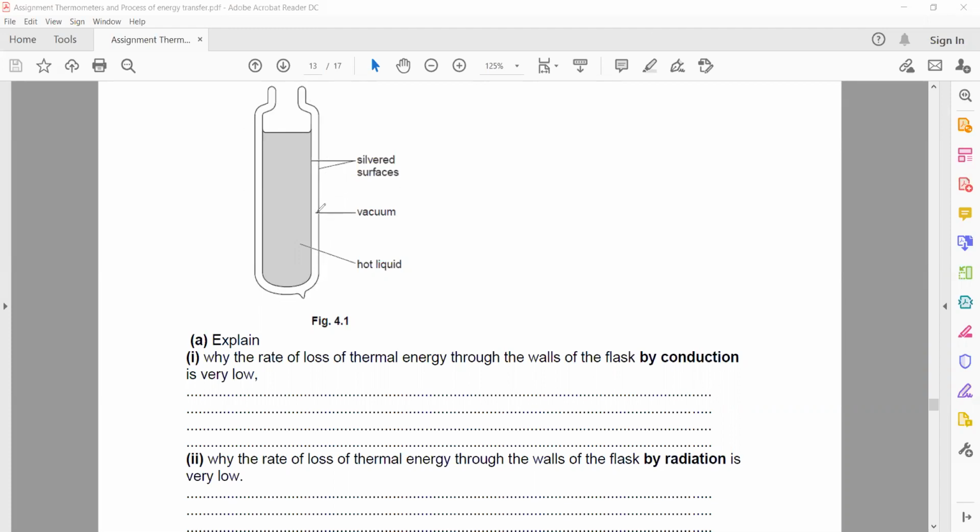If it's a perfect vacuum, then there will be no energy transfer by conduction, but still there is glass, and it's one piece of glass, so that glass is transferring energy and that energy can escape. And the second reason for radiation: the shiny surfaces are good reflectors, so they reduce heat energy loss by radiation.